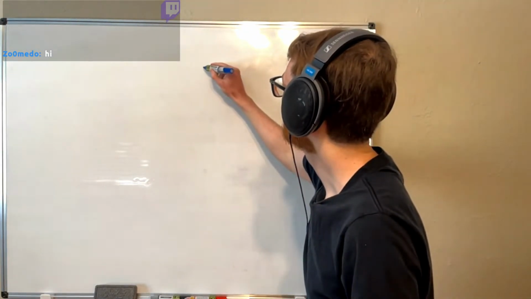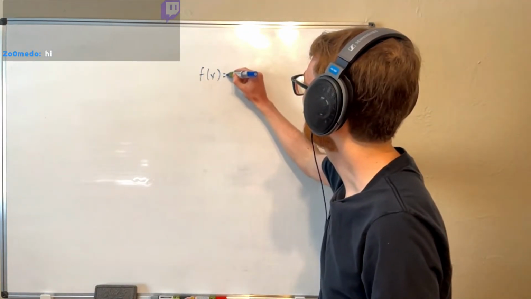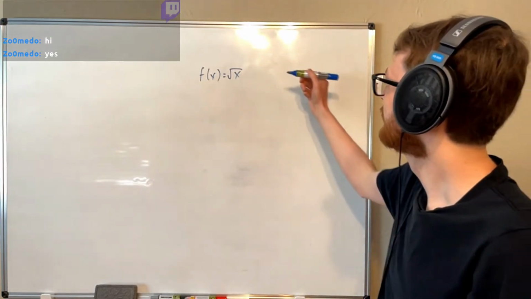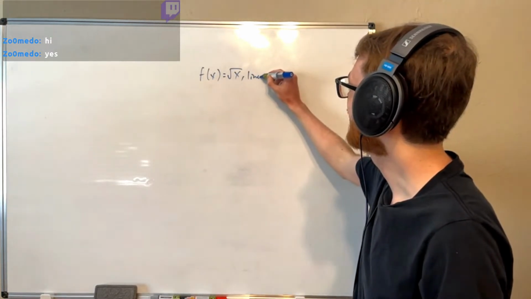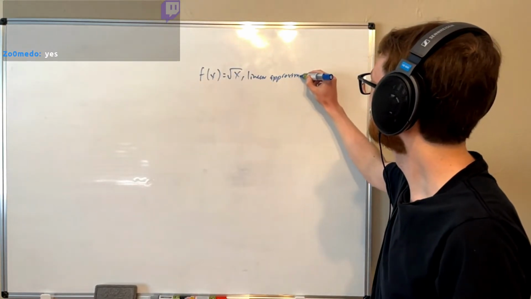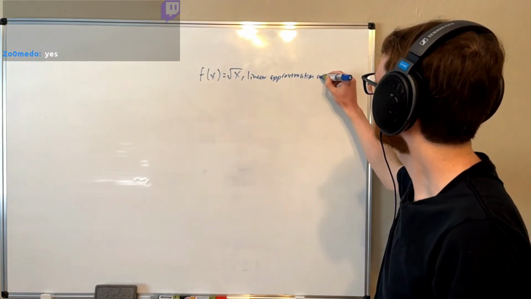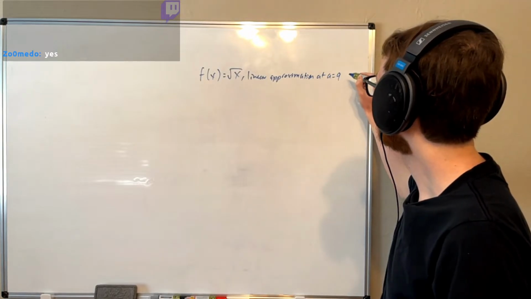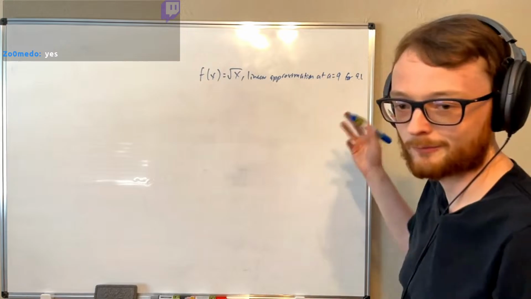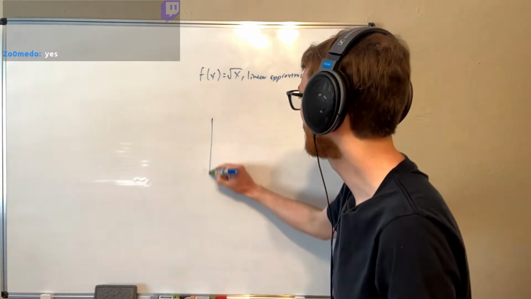So we have f of x equals square root x. We're going to make a linear approximation at a equals 9, for, I guess, 9.1. I know it's a bad way of phrasing the question, but that's basically what was happening.